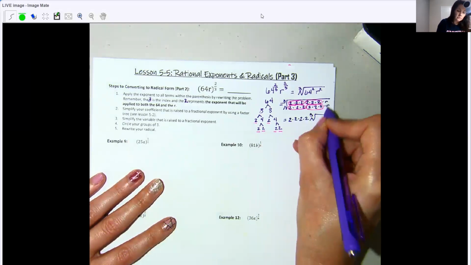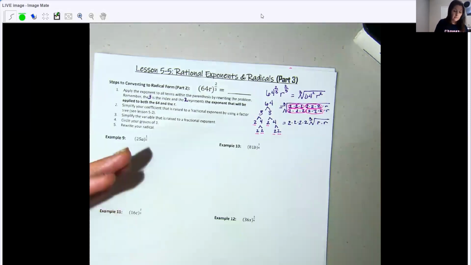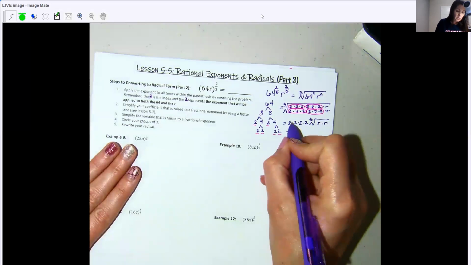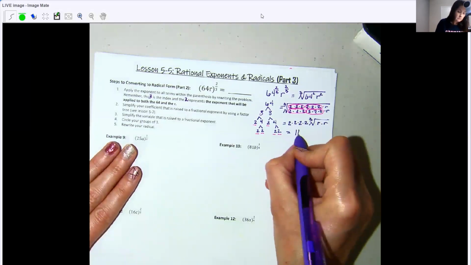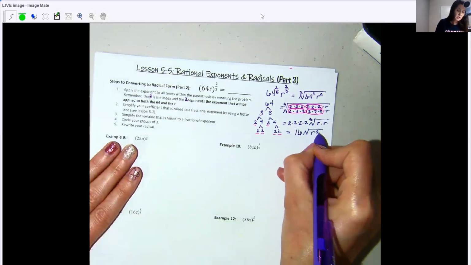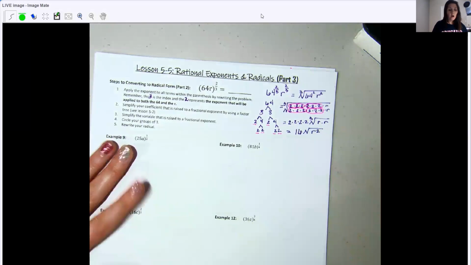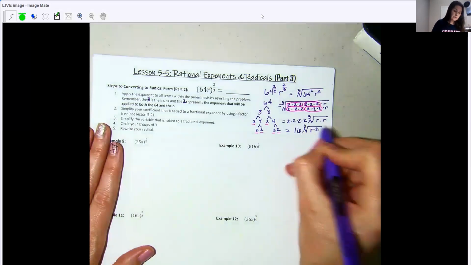And I have 2 r's left over, so r times r. And then I can simplify that. 2 times 2 is 4, times 2 is 8, times 2 is 16. R times r is r squared, not 2r. R plus r is 2r, but r times r is r squared, okay, with an index of 3.